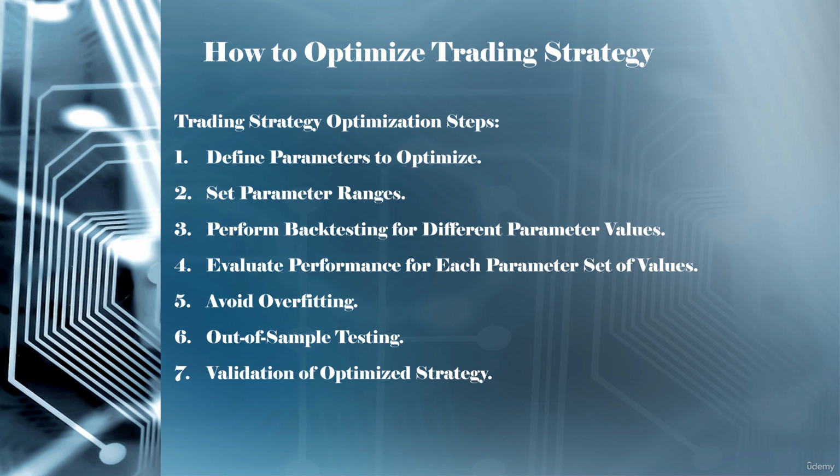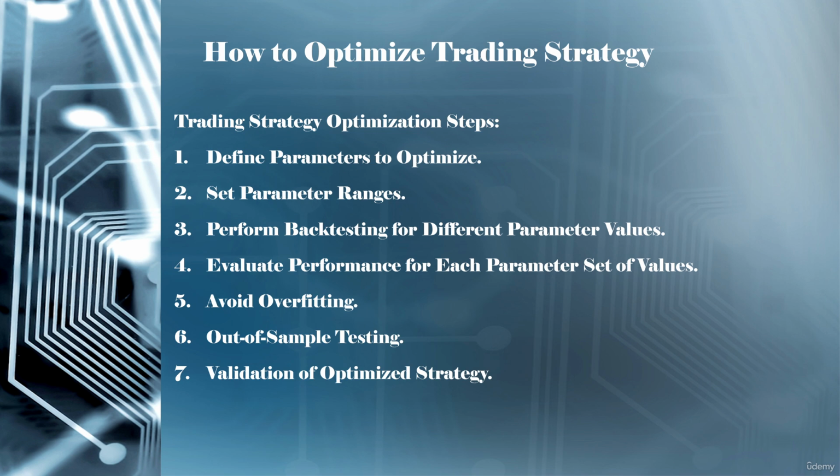Next step is set ranges. Establish ranges or values for each parameter that you want to test. For example, if you're optimizing a moving average strategy, you might test different moving average periods within a specified range.